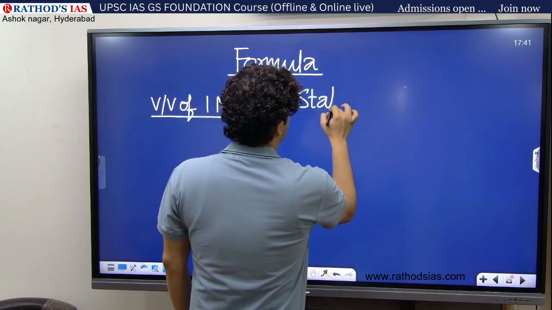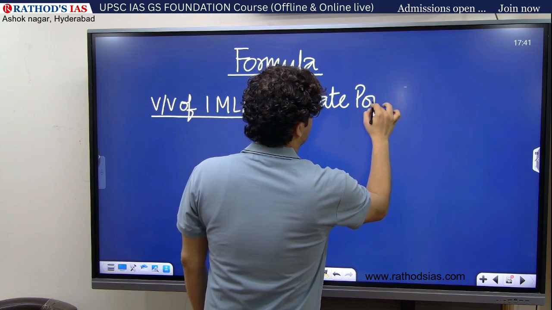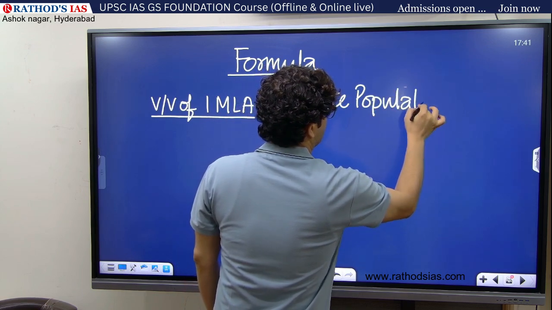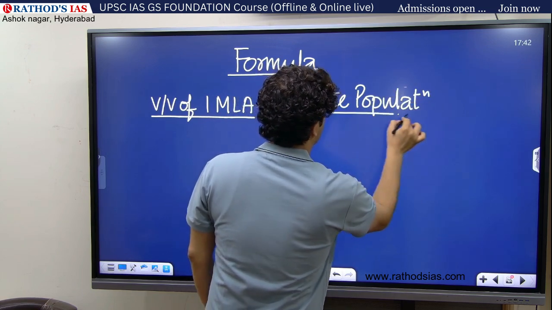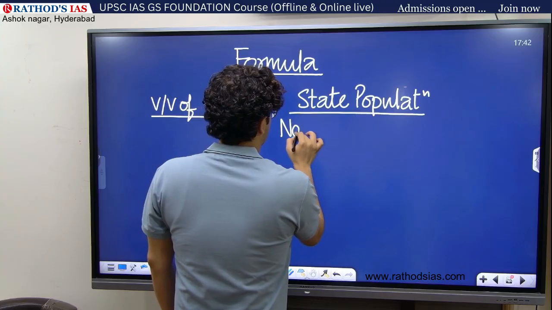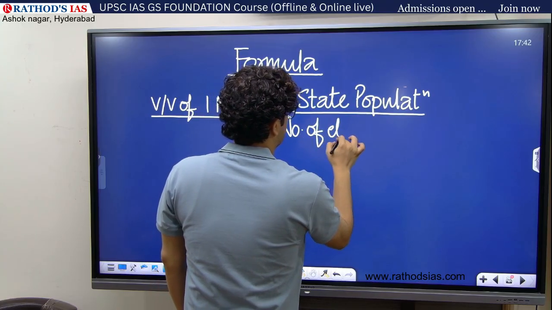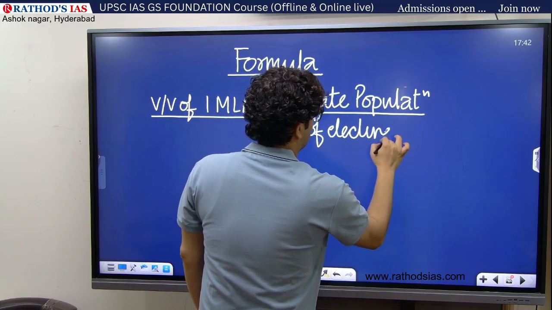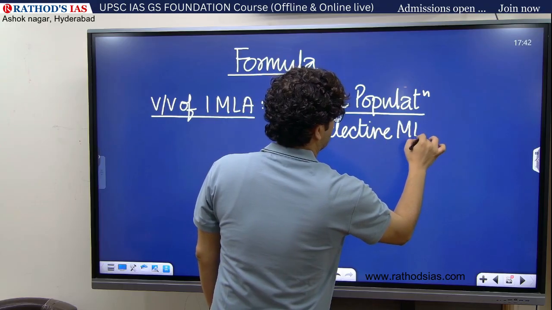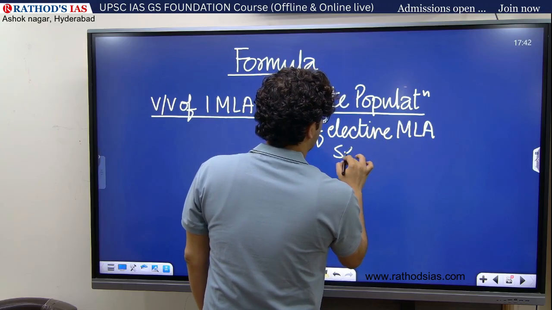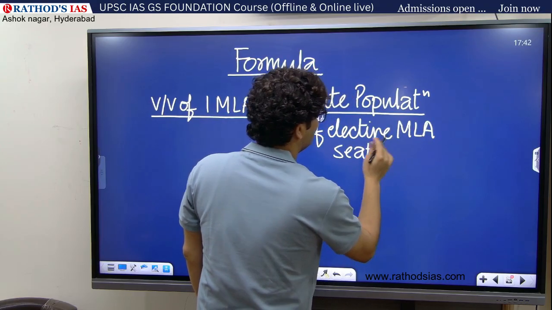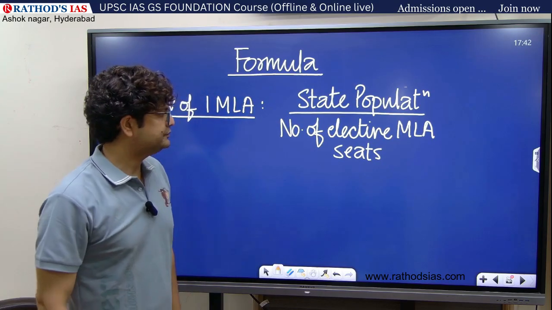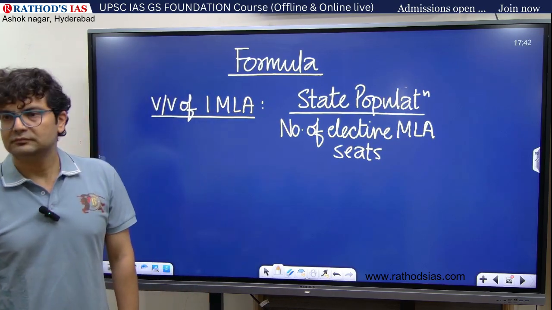So please write: state population upon number of elective MLA or assembly seats. Elective seats meaning number of elected seats. Are you clear?